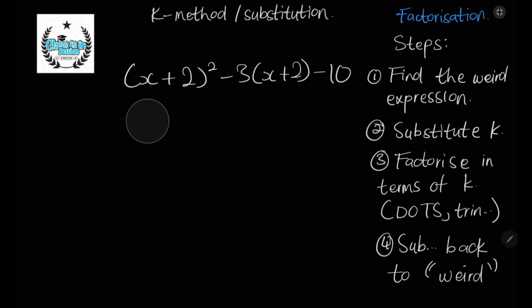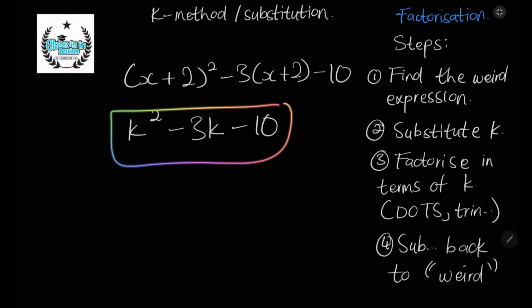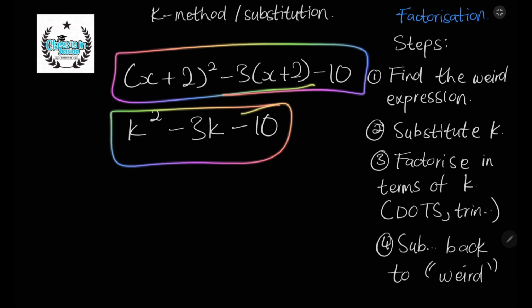Let's say x + 2 is the weird part. We'll replace it with k, so we have k² − 3k − 10. Can you see that this looks like a trinomial? It's easier to factorize when it's in this manner compared to that one.